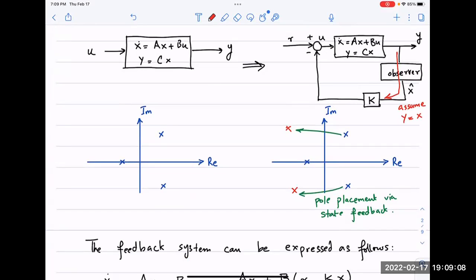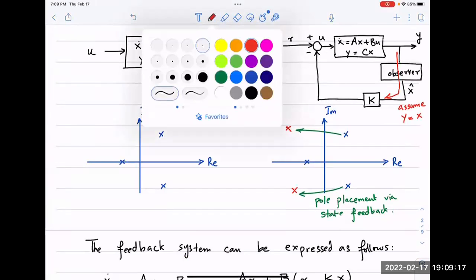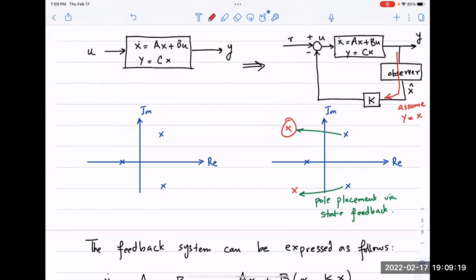And the numbers k can be made such that the poles of the new system are whatever you want. So in our case, we said the poles should be here. Let's say this is minus 10 plus j, and this is minus 10 minus j. So the process has given you a gain vector k, which will result in this shift.